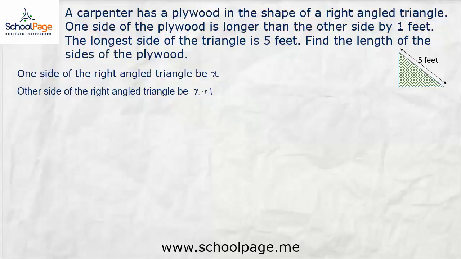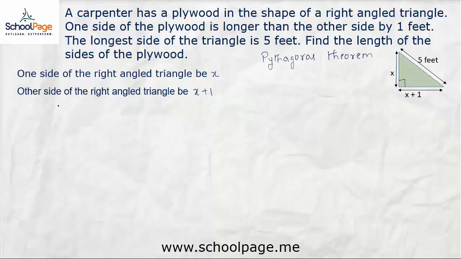The longest side of the triangle is given to us as 5 feet. We also know it is a right angled triangle, so we can use Pythagoras theorem. Now Pythagoras theorem states that in a right angled triangle the square of the hypotenuse is equal to the sum of the squares of the other two sides.